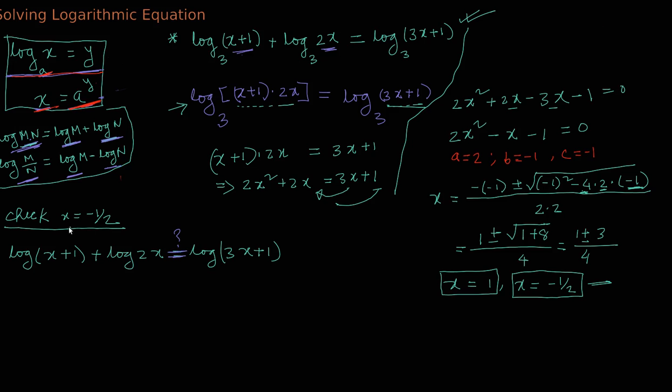Now let's replace x, which is negative half, into all these x. I get log of negative half plus 1, plus log of 2 multiplied by negative half.